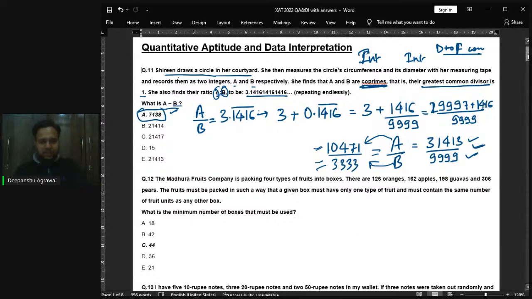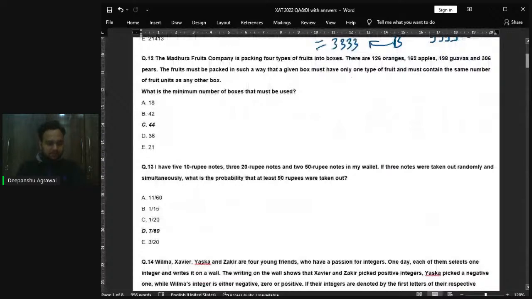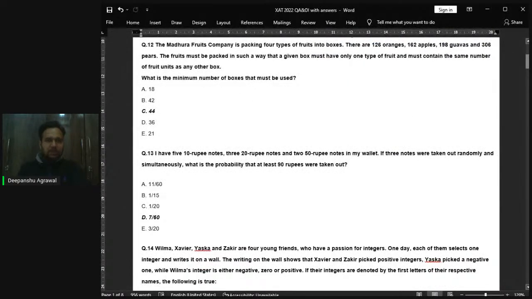So next question would be question number 12. It says the Madura Fruits company is packing four types of fruits into boxes. There are 126 oranges, 162 apples, 198 guavas, and 306 pears.